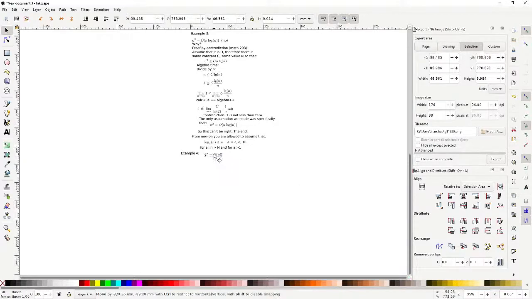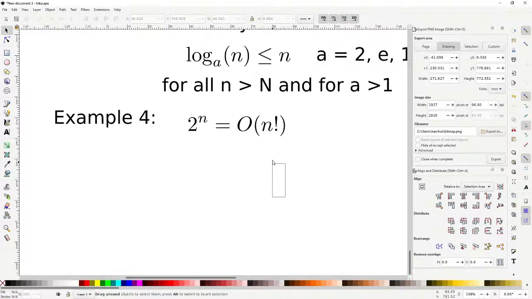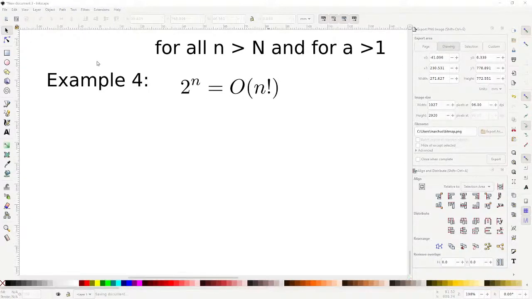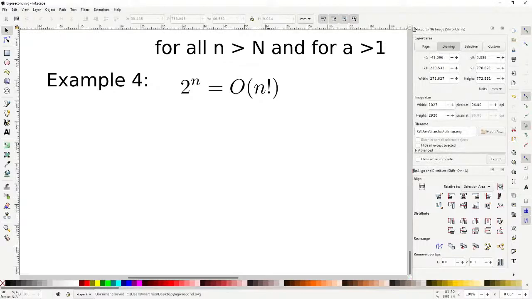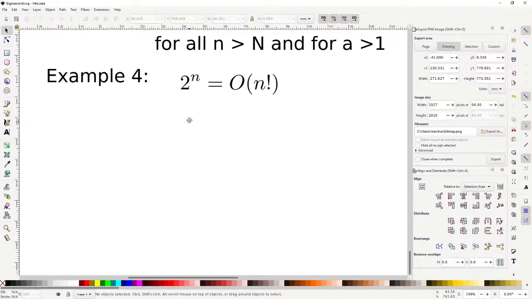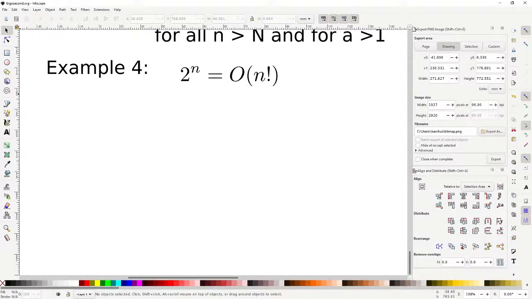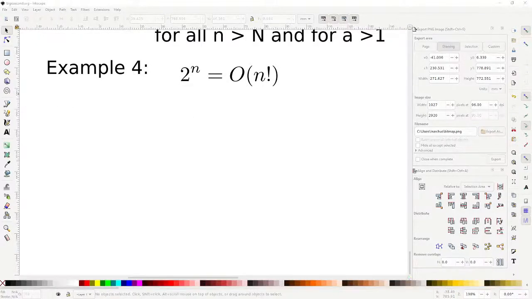So is it true that 2 to the n is big O of n factorial? It would actually be easier to do it with e because of Stirling's formula. Anyway, we can do it in a much stupider way, and I'm going to do it in that stupid way.